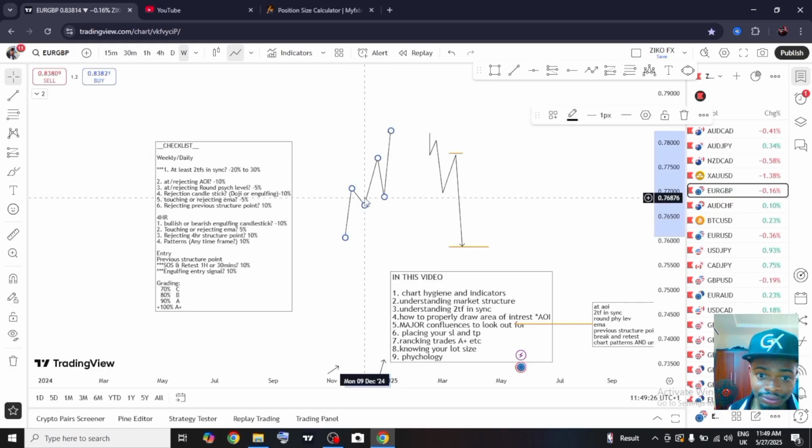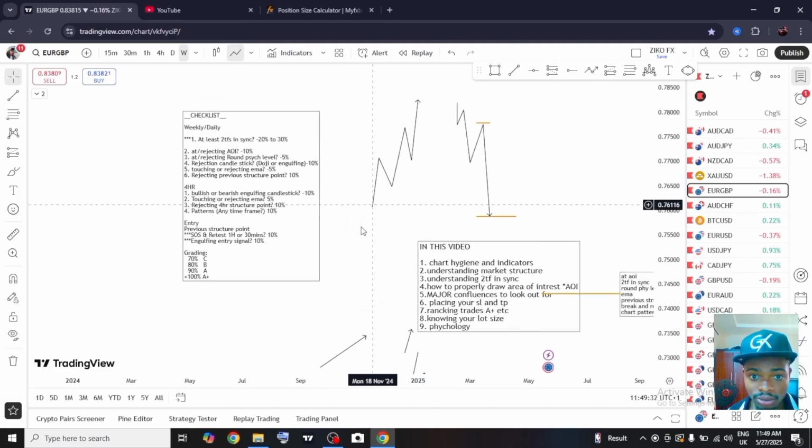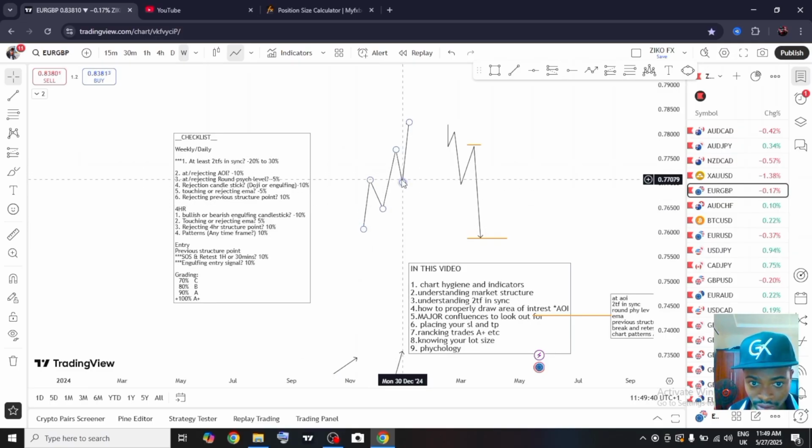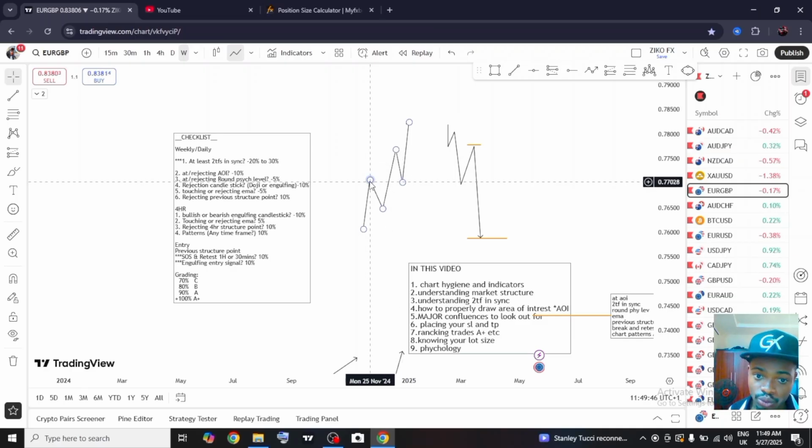Now, this is basic market structure, right? This is the uptrending market, this one right here. So if price goes up, comes down, goes up, comes down, this right here is the last previous structure point of this market. It's the last structure point where price was before price broke above it.